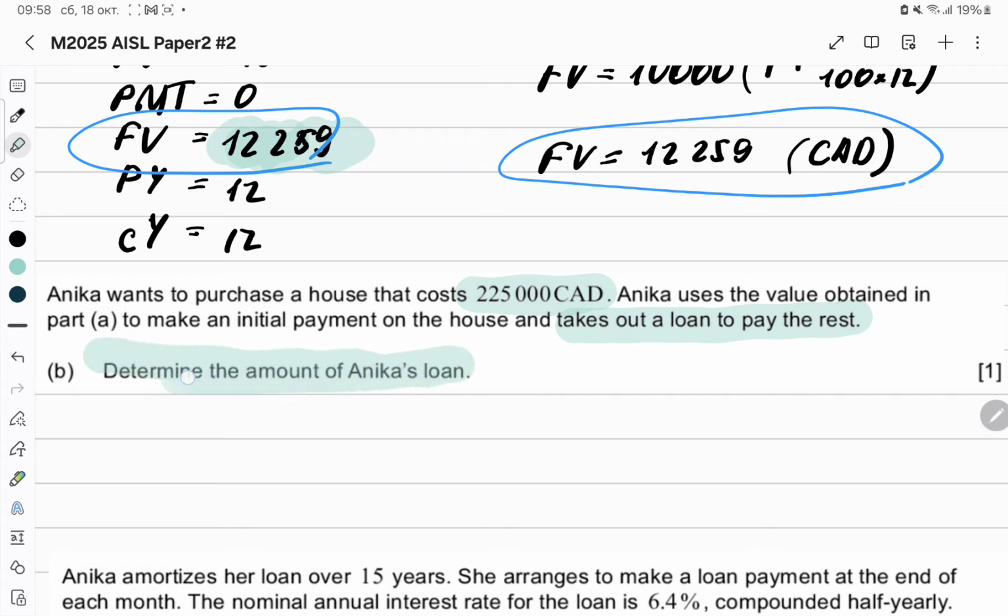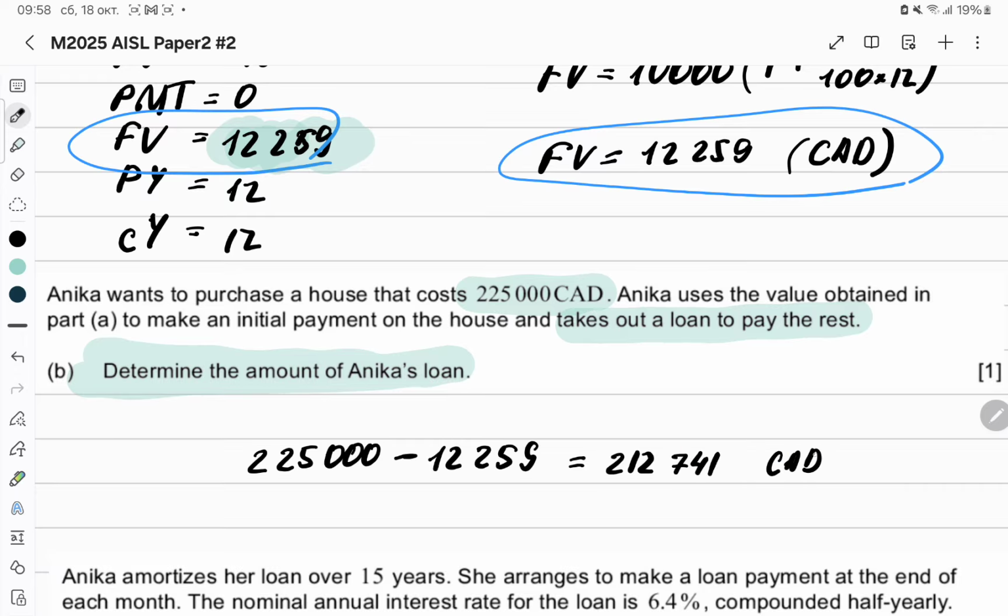Determine the amount of Anika's loan. So we have to subtract. So it's our cost of the house, and then from this amount we should subtract our savings from the previous step. And that's how we will get the amount of money, 212,741 Canadian dollars. Right. Okay.